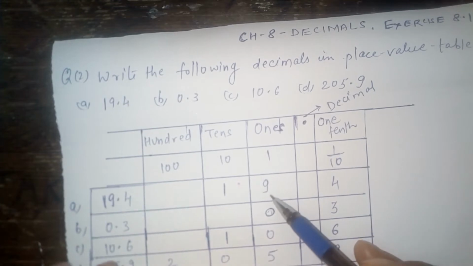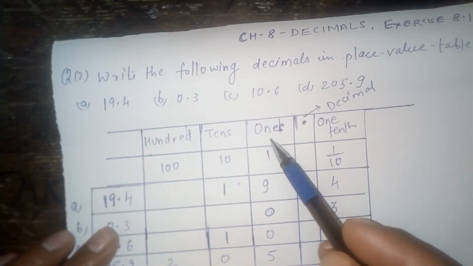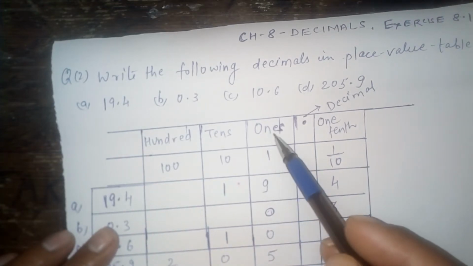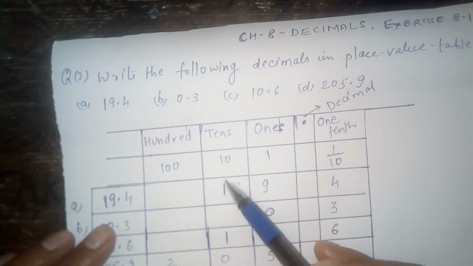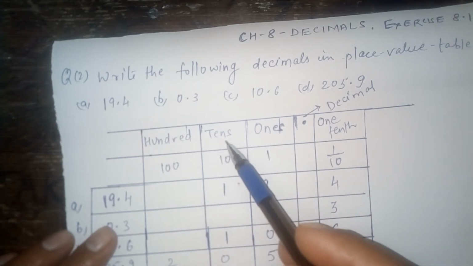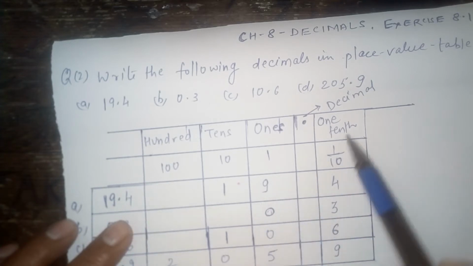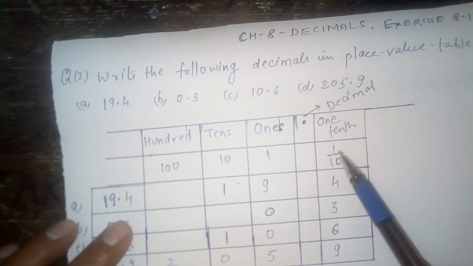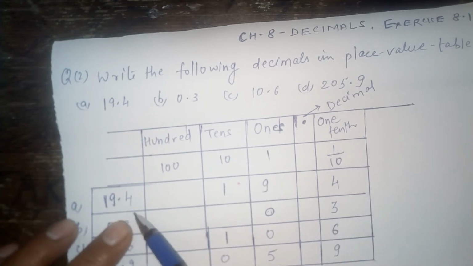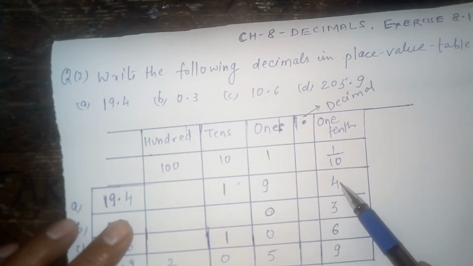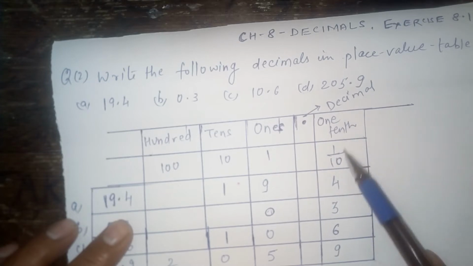The meaning is 9 will come in the ones place, and 1 will come in the tens place. Then after the decimal point this is 4. After the decimal point the first column belongs to 1/10, means 1 upon 10. So 4 will come in the 1/10 block.